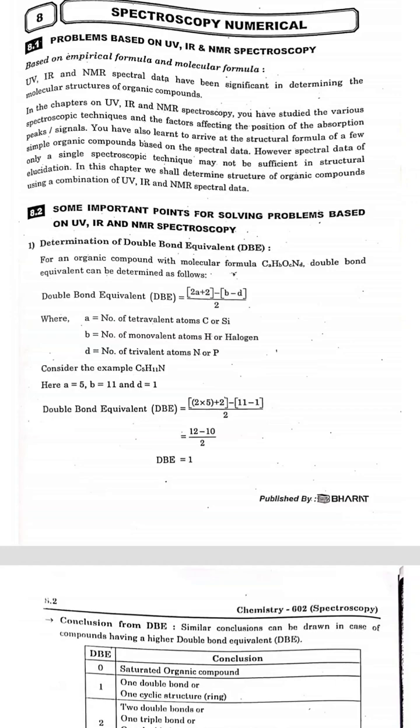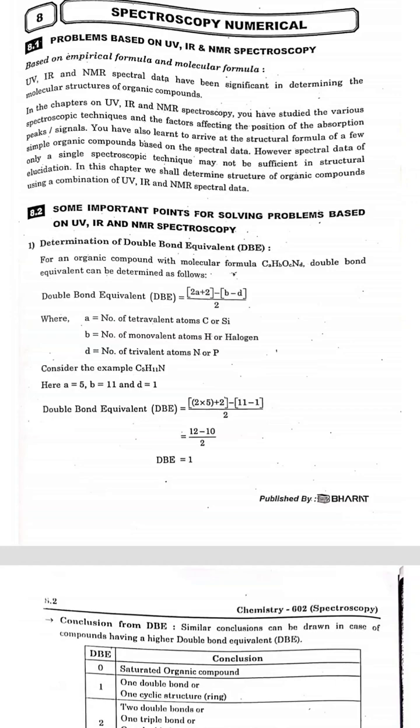Okay, why are spectroscopy numericals important? Spectroscopy helps us understand the molecular structure, electronic transitions, energy levels, bond strength, and functional groups. Also, numerical problems test your ability to apply formulas correctly, convert units properly, and interpret given data logically.